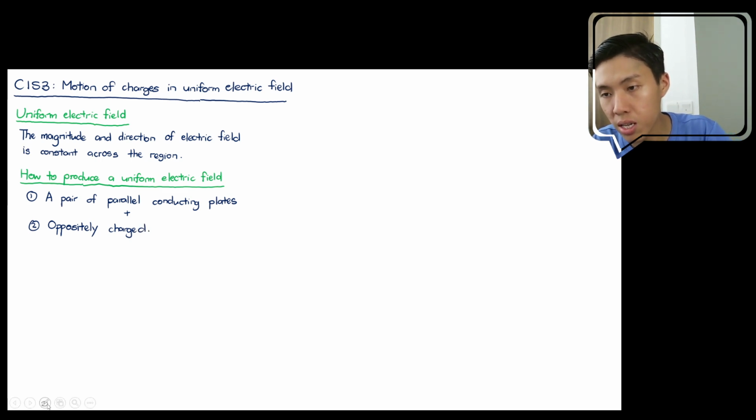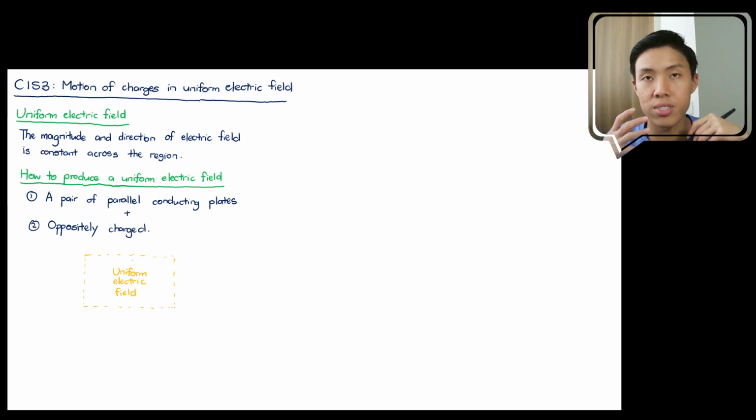Okay, so what does it mean? Let's say today you have this particular region, and you want this region to have a uniform electric field inside it. It means that no matter where you look inside this orange box, you find that the electric field anywhere inside this orange box will have the same magnitude and same direction of electric field.